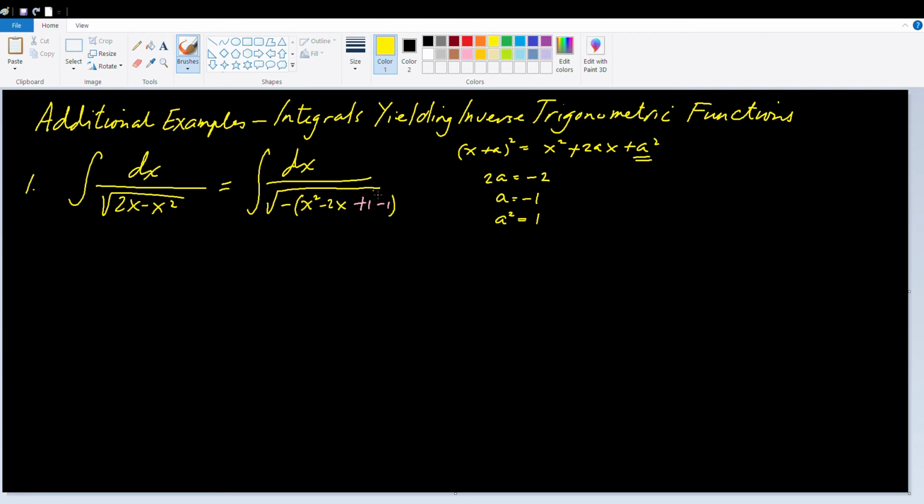In order not to change the entire radicand. Our radicand is 2x minus x squared. So if we add 1, we have to subtract -1. Then we write this as dx all over the square root of negative x squared minus 2x plus 1.